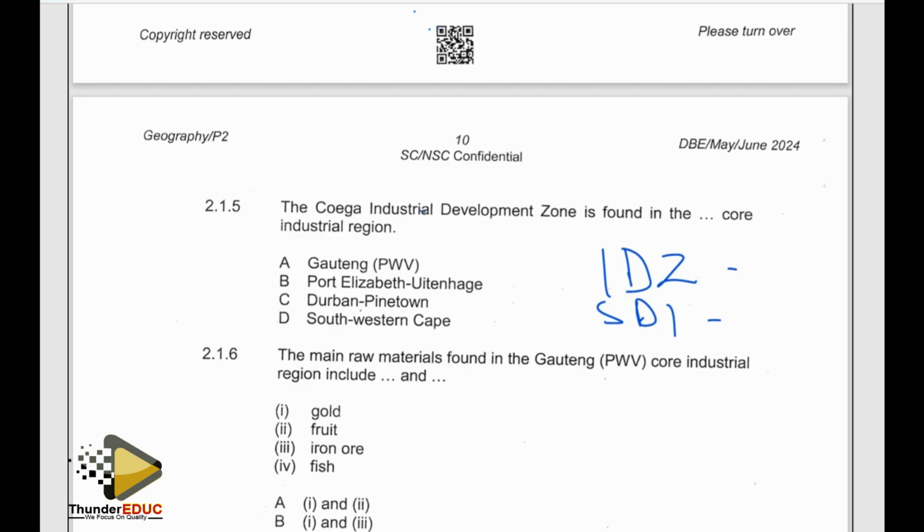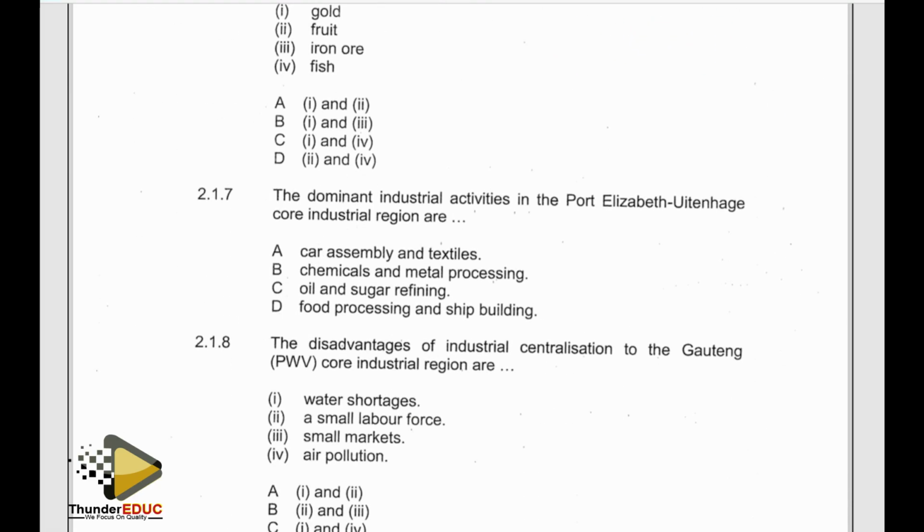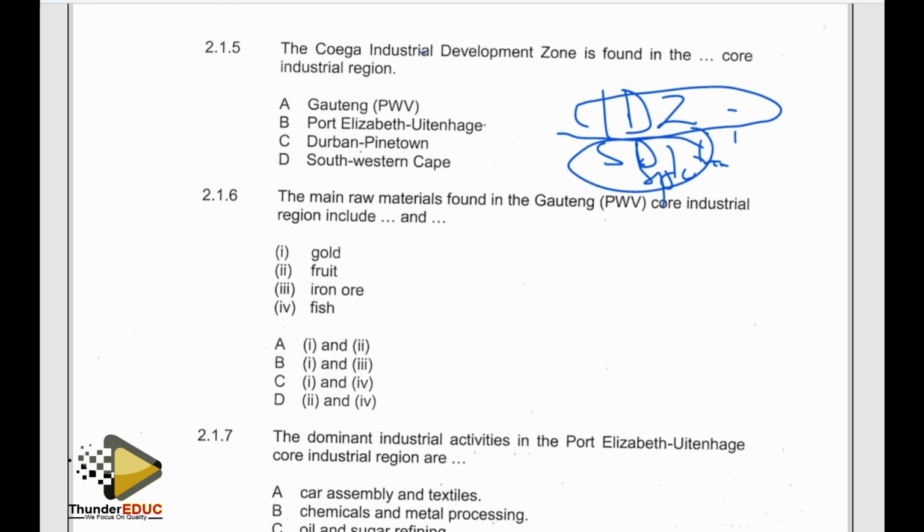The IDZ is what we call the Industrial Development Zone, and the SDI is the Spatial Development Initiative. Those two are not the same. We're going to explain the differences between the IDZ and the SDI. I think there's another question which relates to a Spatial Development Initiative at the Wild Coast. That is a section where we're going to illustrate how those two tend to differ.